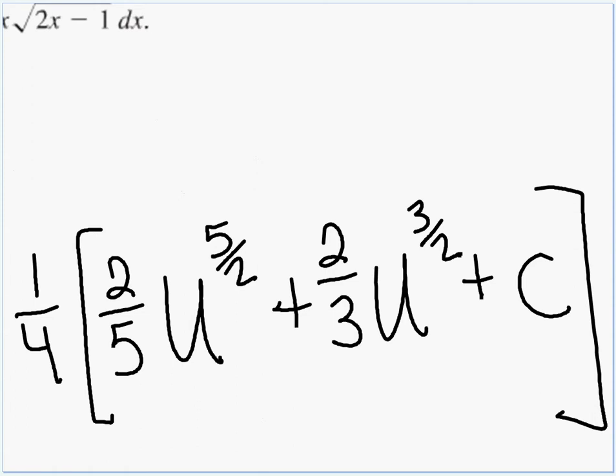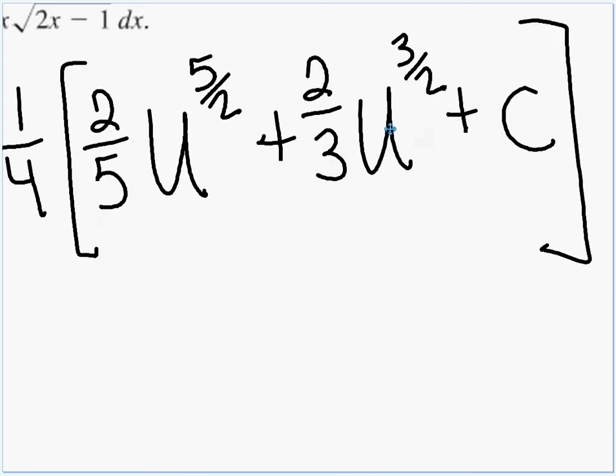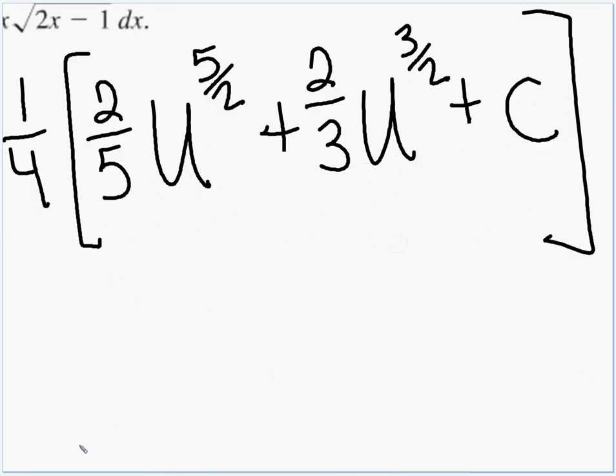Okay, I'm going to move this up. Now, remember our original u was equal to 2x minus 1. So we're about to take the u's out and replace them with 2x minus 1. We are also going to distribute this 1/4. 1/4 times 2/5 is 2/20, or that's 1/10.